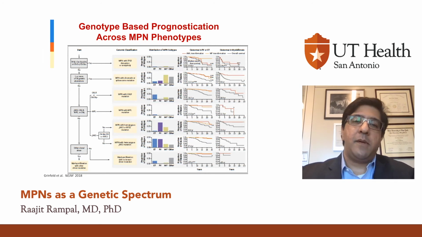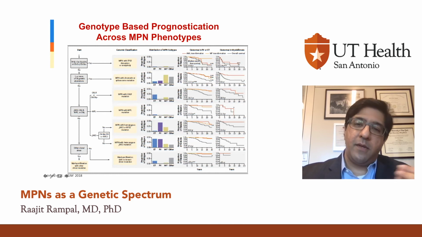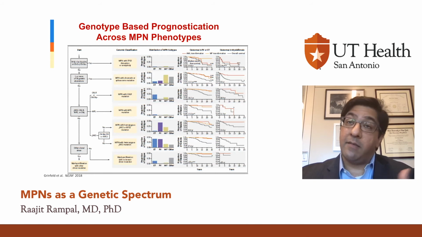The highest risk patients are those, of course, with p53 mutations or p53 disruptions, and even in both PV and ET, as well as in patients with myelofibrosis, that particular genotype is associated with a worsened survival and a higher risk of leukemic transformation. Whereas on the lower end of things, patients with the JAK2 mutations, that is heterozygous, and who have not had an NFE2 mutation, appear to have a relatively benign course in terms of survival and risk of leukemic transformation.